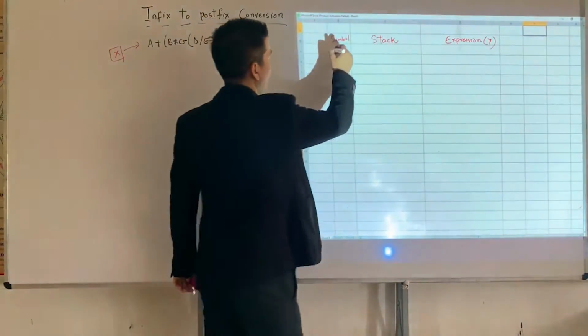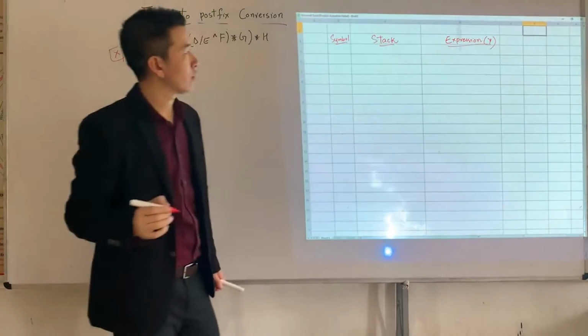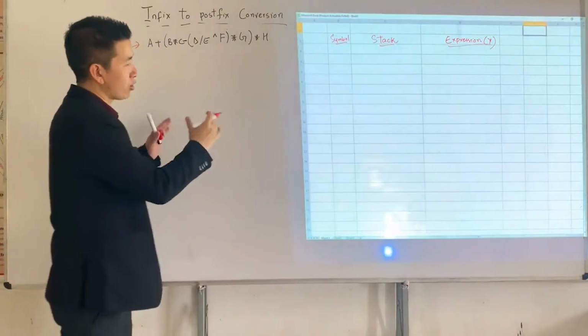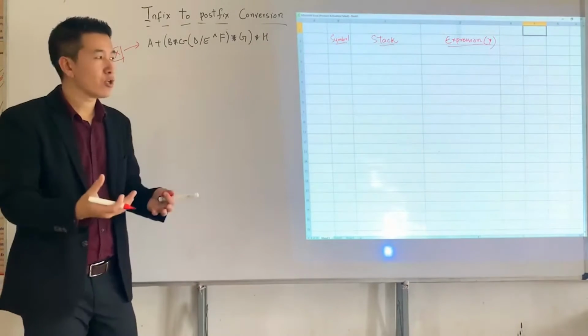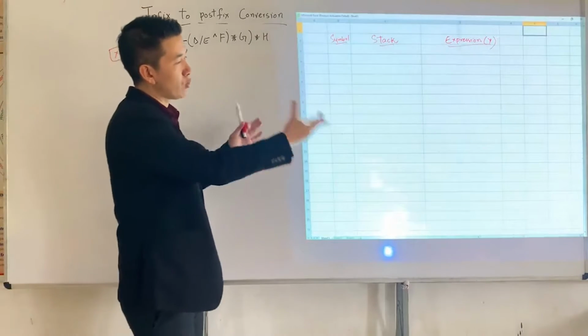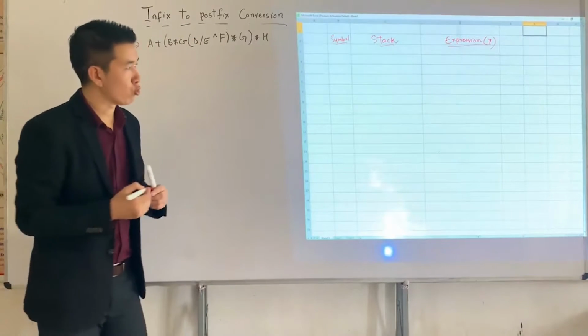Okay, so there are certain rules which you have to take note of. I won't be writing the rules. The rules are pretty easy, so let me verbally tell you, and then once we're done with the conversion, we'll again have a review of the rules.